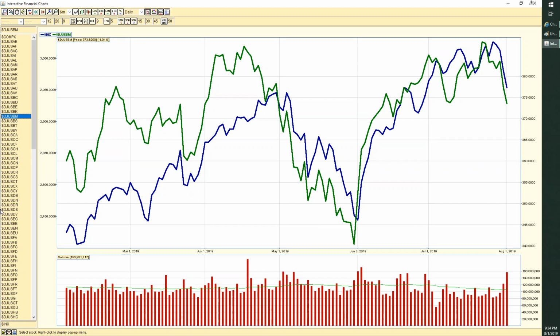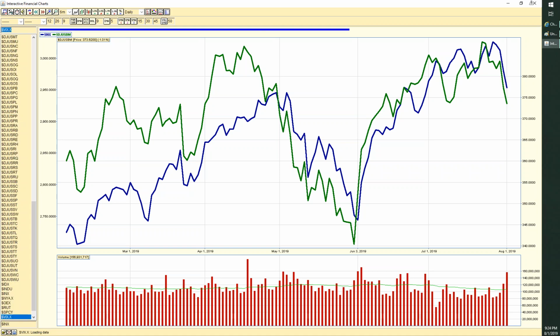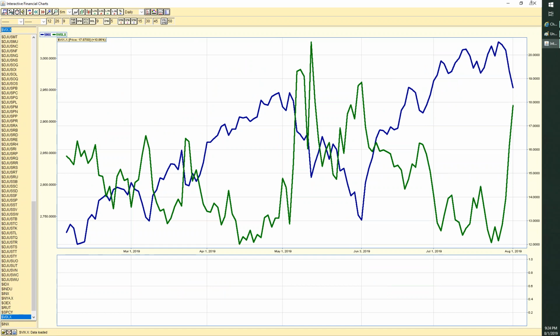From an options standpoint as well, it is important to also look at how the VIX is doing. What's our implied volatility doing? Because implied volatilities are something that we can profit on as well.